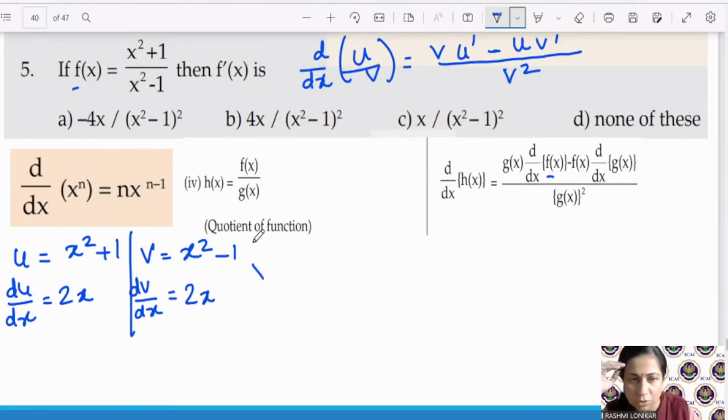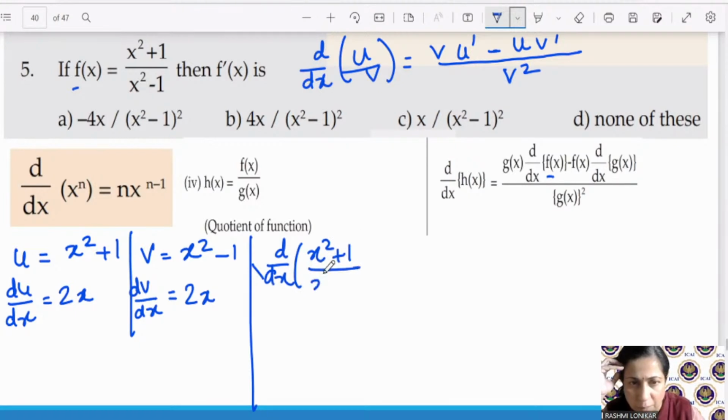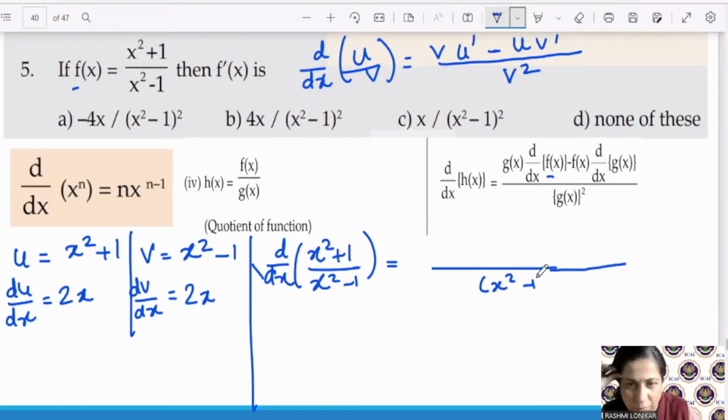Okay, so substituting, d by dx of x square plus 1 upon x square minus 1 is equal to, denominator, x square minus 1. Let me write it properly. X square minus 1 the whole square.